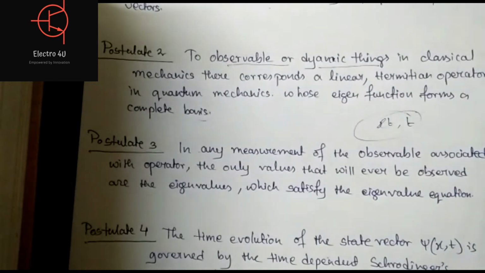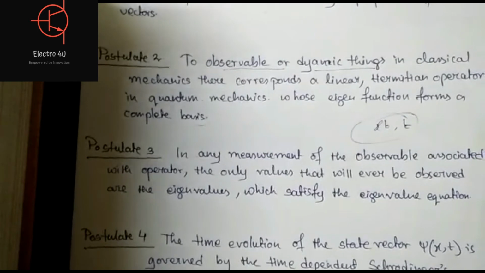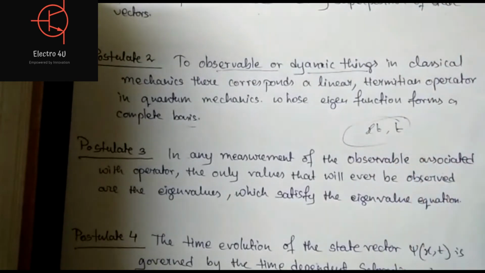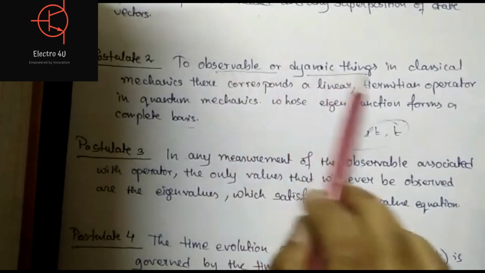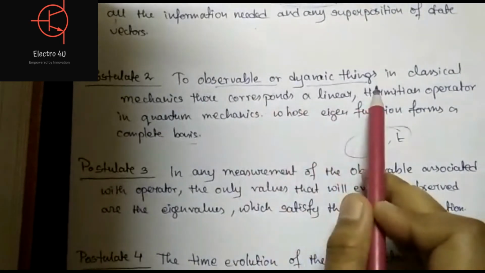By state I mean position, momentum, these things. So from x and t we can find kinetic energy, which is p squared by 2m. So dynamical or observable things are the things which we want to measure, that is the position, momentum, angular momentum, potential energy, kinetic energy, everything is a dynamic thing.